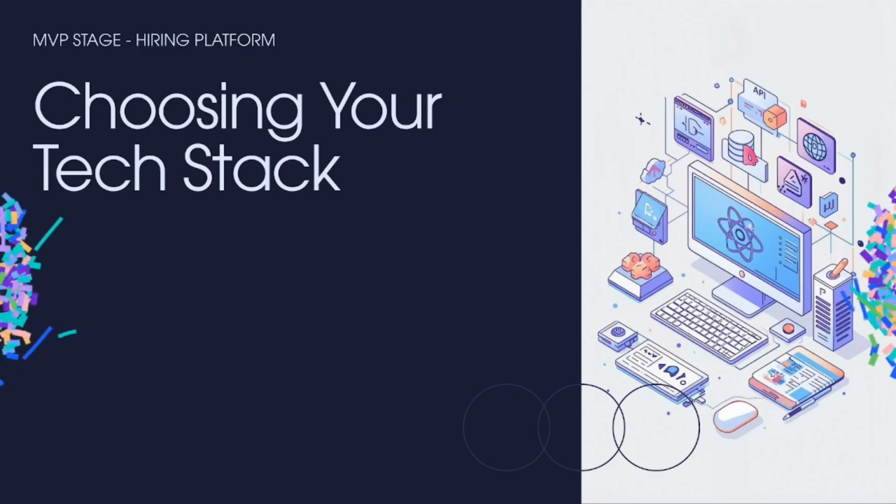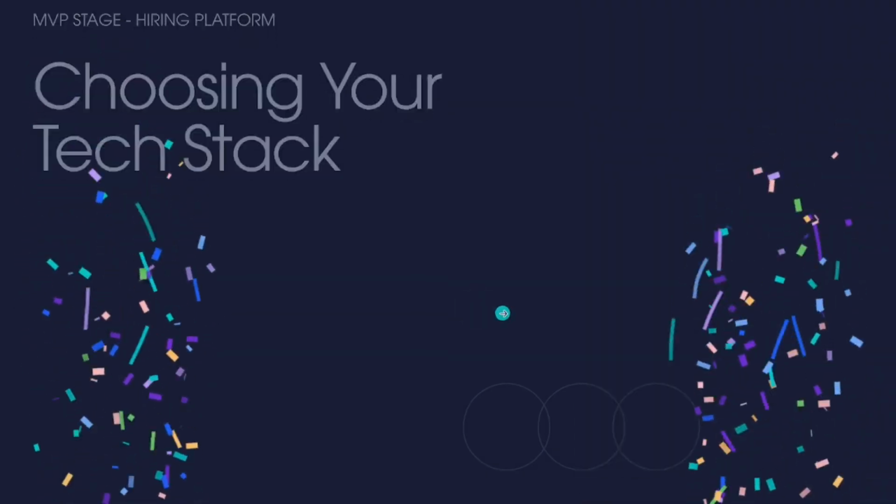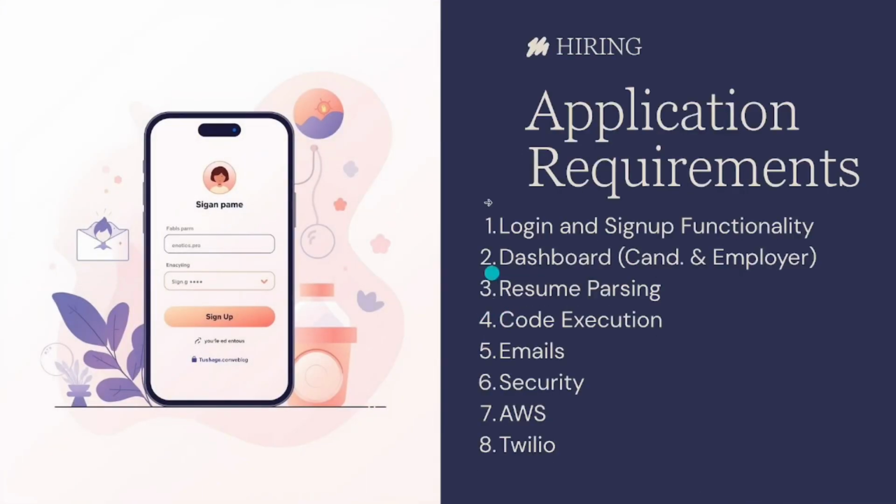Now, first of all, let's focus on the requirements that the application is going to have. Our authentication flow goes without saying: the user should be able to sign up and log in. From the perspective of the application, there are going to be three types of login and signups. The first is for the candidate, the second for the employers, and the third for the admins.